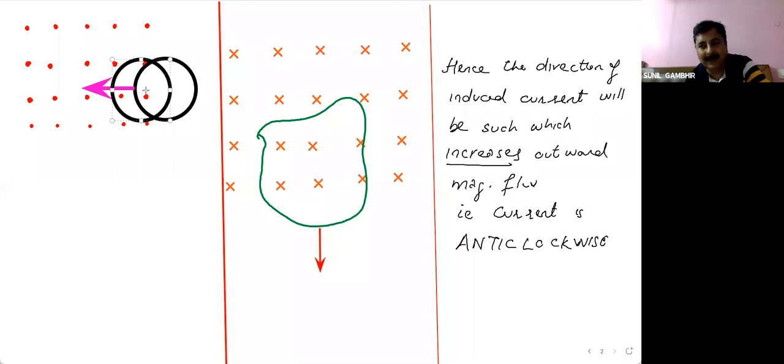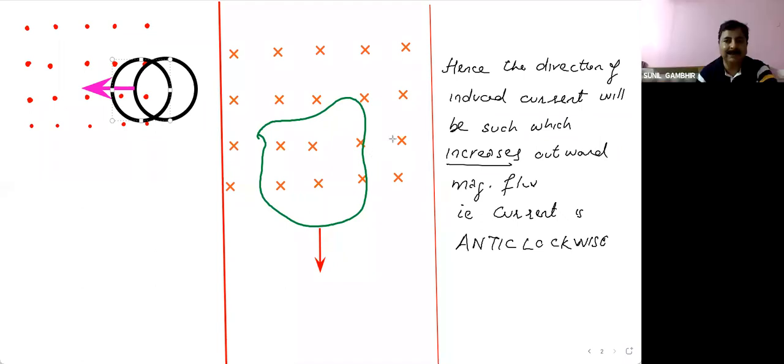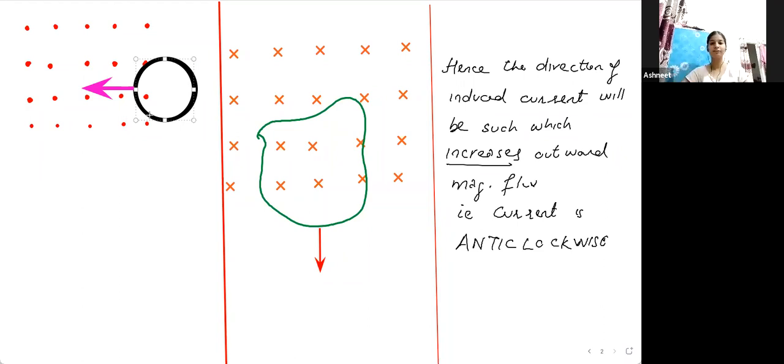Priya, is it clear a little bit? Yes, sir. Ashneet, will you tell? When we move the coil towards it, the outward magnetic flux increases due to variable magnetic flux and induced current is produced.